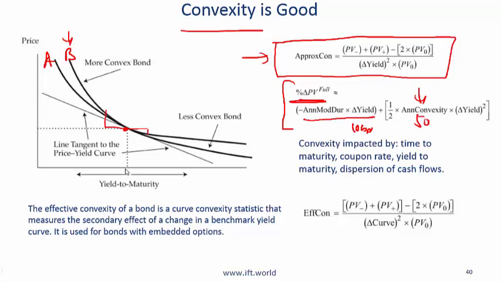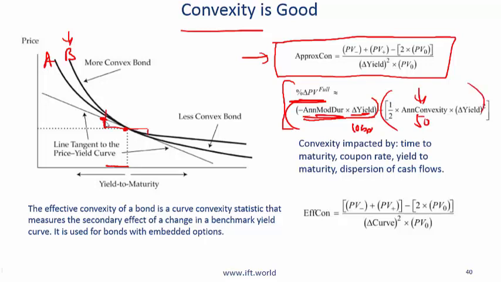So if interest rates go down by 10 basis points, then this part of the expression, annual modified duration times delta yield, will tell you the linear impact. It will tell you the impact assuming the tangent. So it will only bring you up to this point. Then the adjustment for the convexity comes from here.